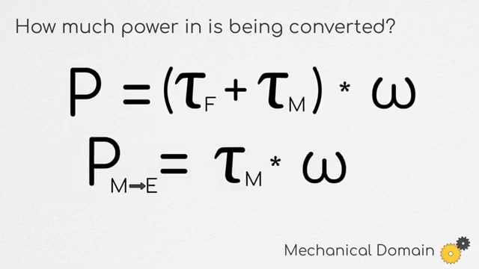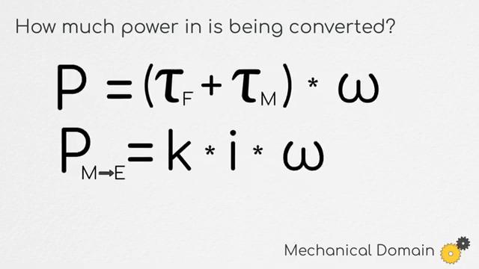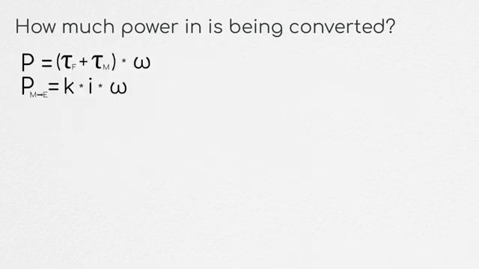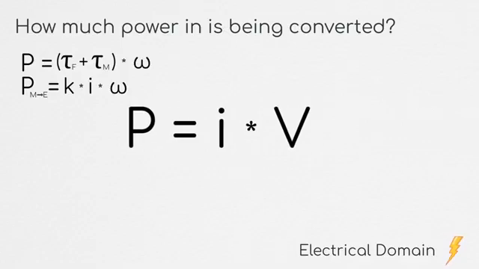As we've said before, this electromechanical torque from the motor is approximately equal to the motor's torque constant multiplied by the current running through the motor. So that's the power into the system. Now let's set these equations off to the side for a second and think about the motor's electrical system. As we know, electrical power is equal to current times voltage. So what's the power flowing back into our supply?